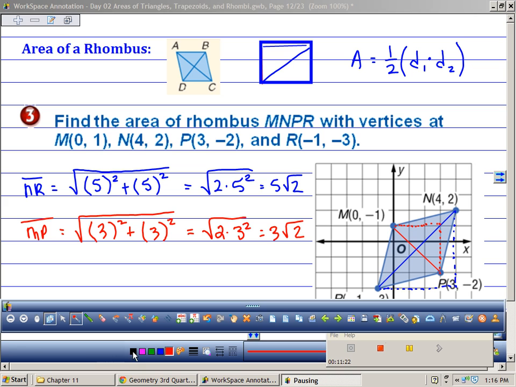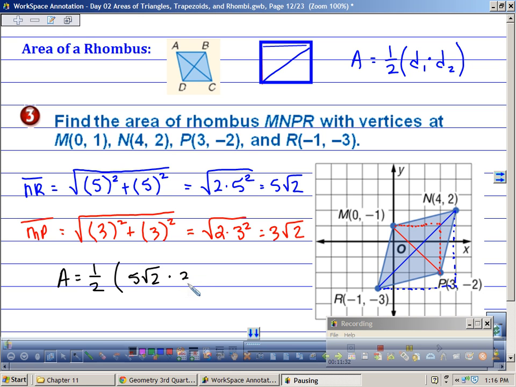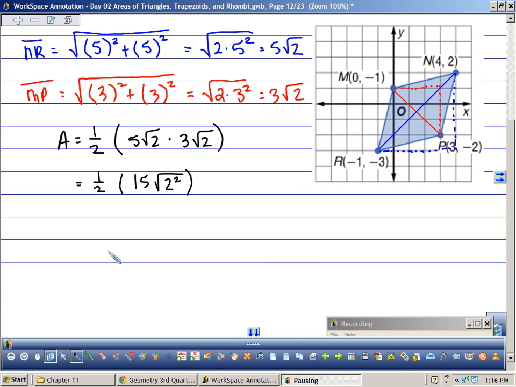So how do I apply this to the formula? Area equals half of 5 root 2 times 3 root 2, which makes what? Half of 15 square root 2 squared. Root 2 times root 2 makes root 2 squared.